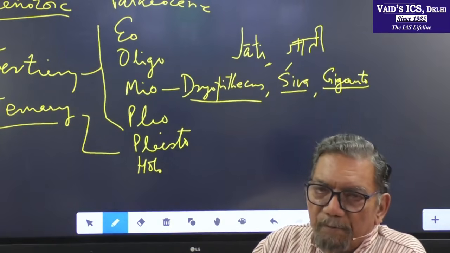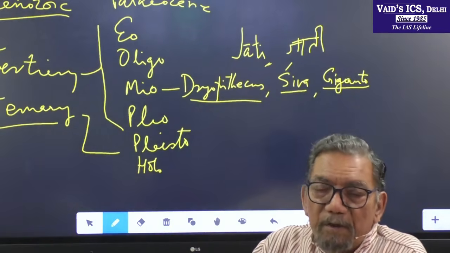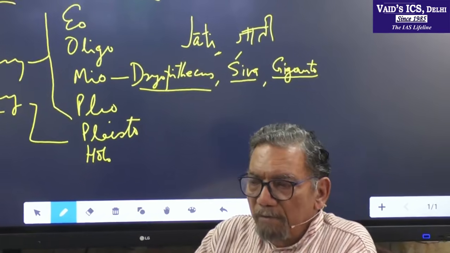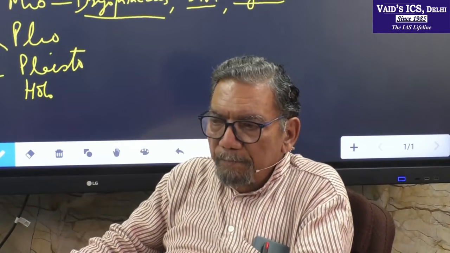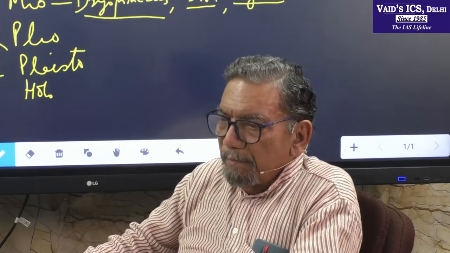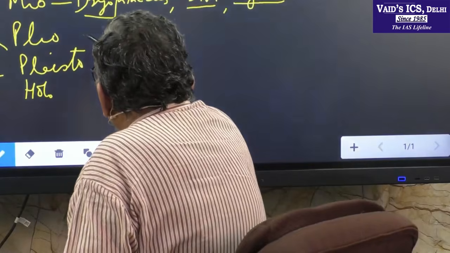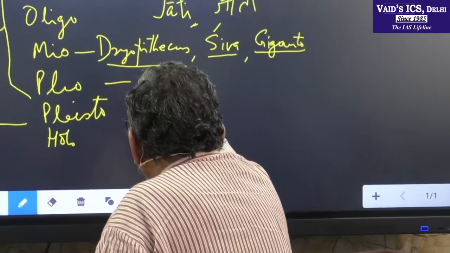Shivapithecus, the ape of Shiva lakes. Giganto means giant, massive, huge, large size. Giant ape, Gigantopithecus. During Pliocene evolved Australopithecus.